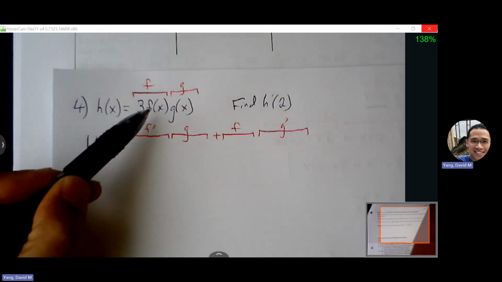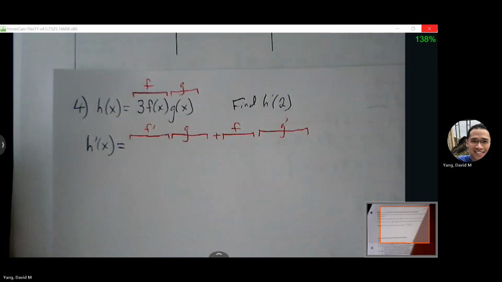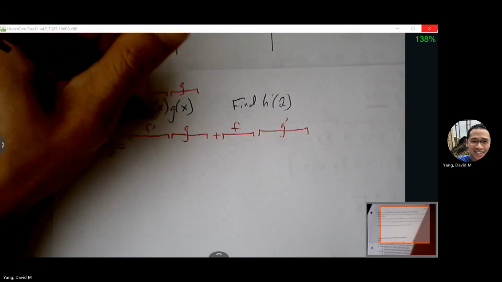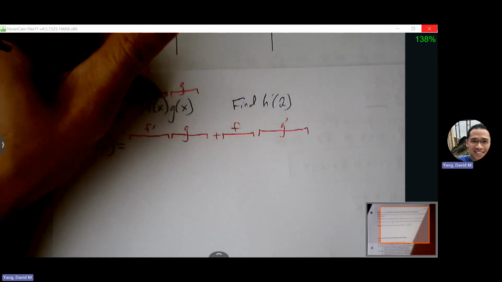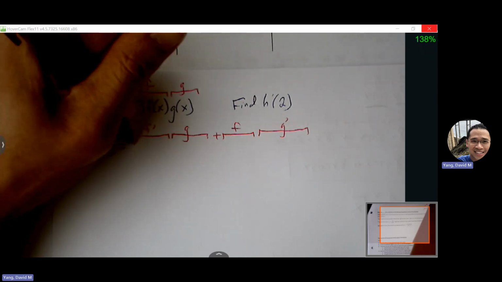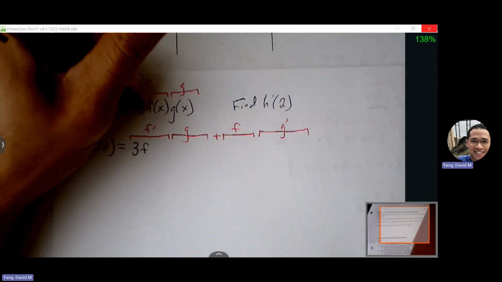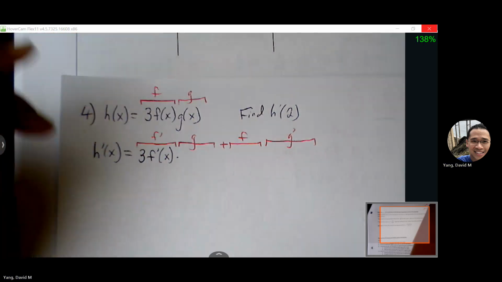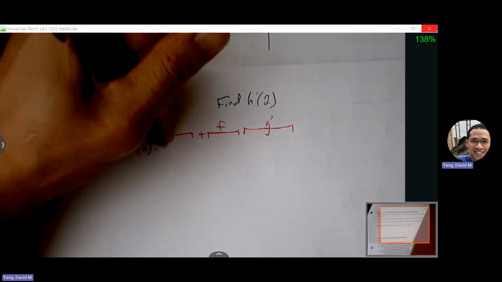What's the derivative of 3 f of x? We just basically make it function notation. We know f will turn into what? F prime, yeah. And the 3 just tags along. So if we have function notation to begin with, our derivative will just stay as function notation. Okay, g doesn't change.